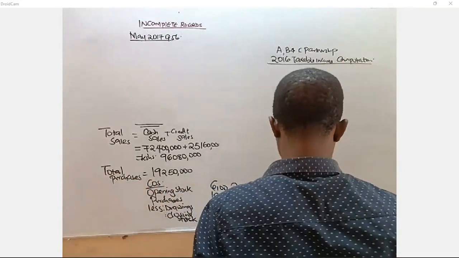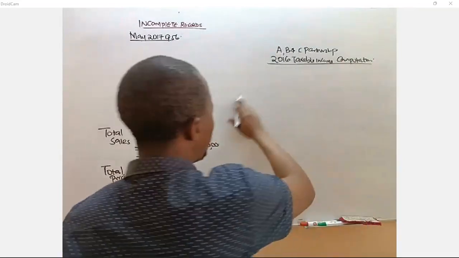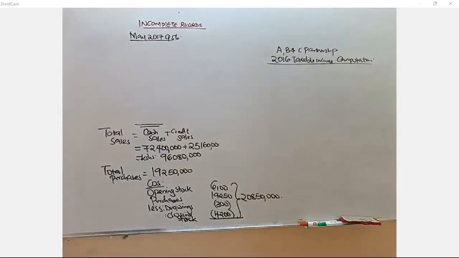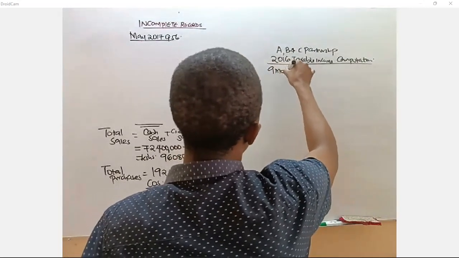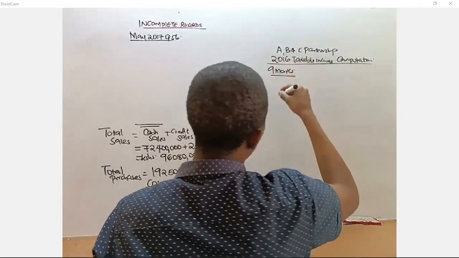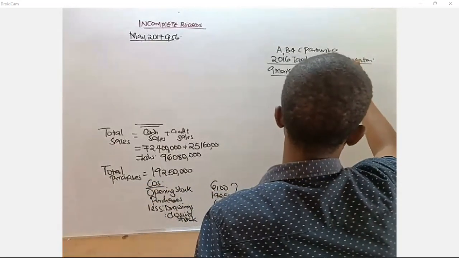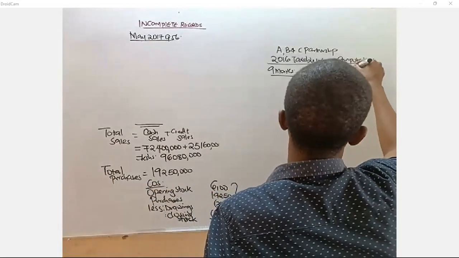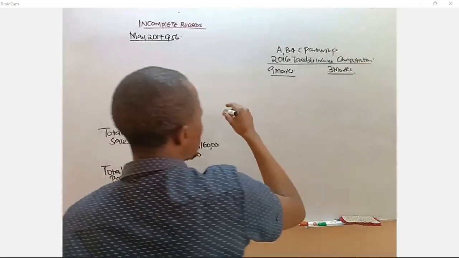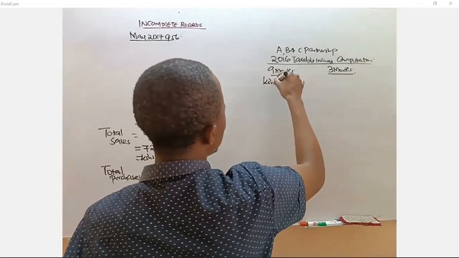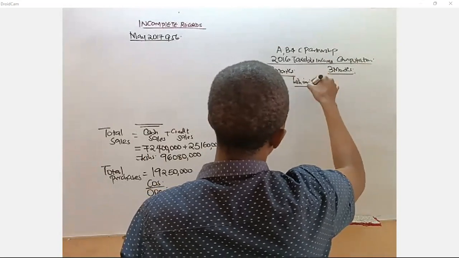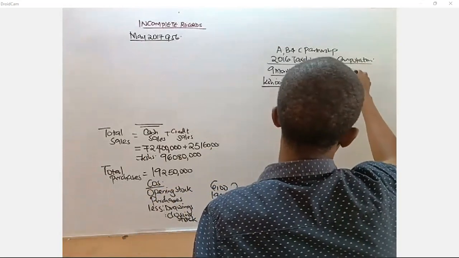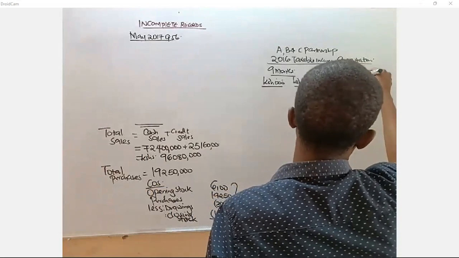The new partner came in on October, so we are discussing 9 months with the two operating partners, and also 3 months. So we have 2 columns of Kenya shillings, reduced to thousands. It should look like this.